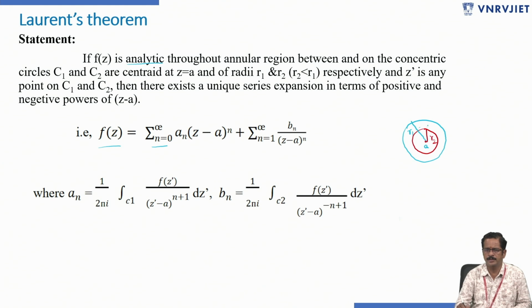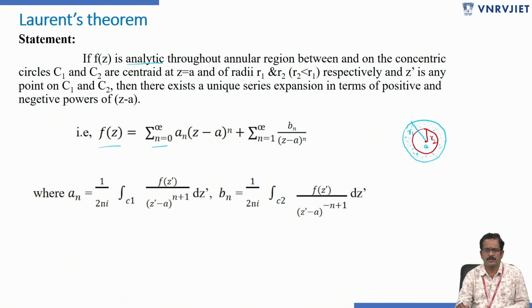Means we have to find the expansion of f(z) in the annulus region. Annulus region means the region between the two concentric circles. So that is what the Laurent series is: the series expansion in the region between the two concentric circles.